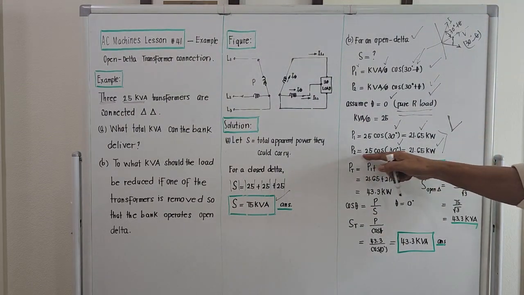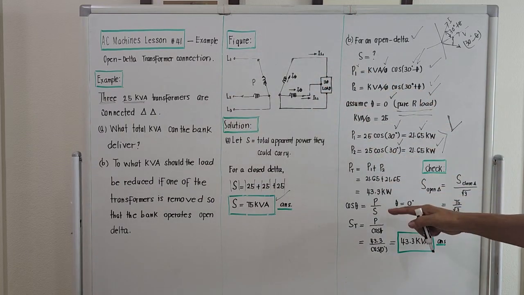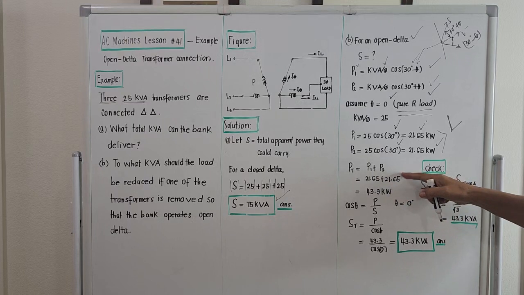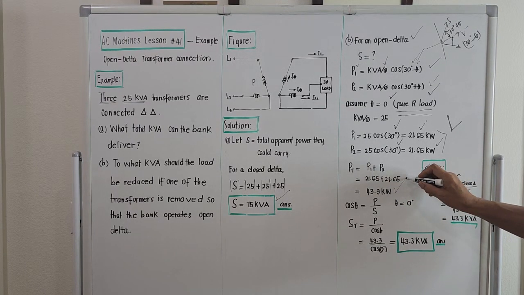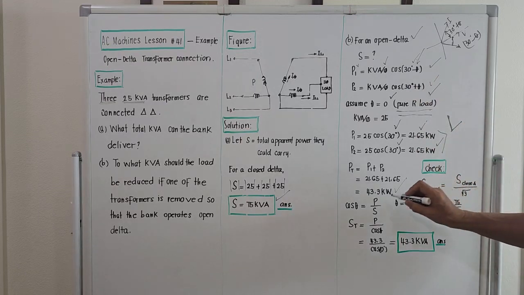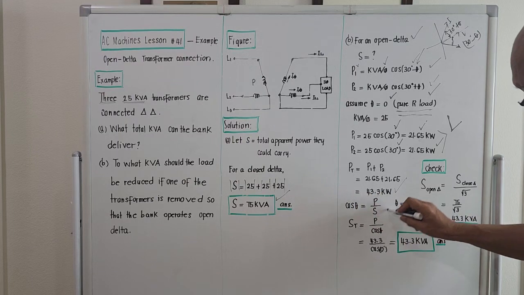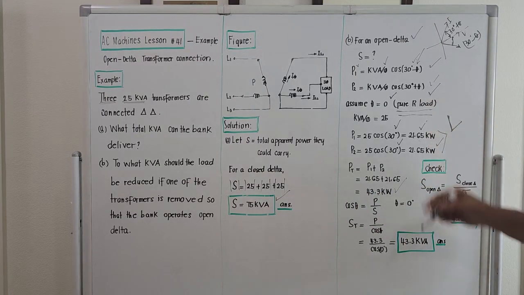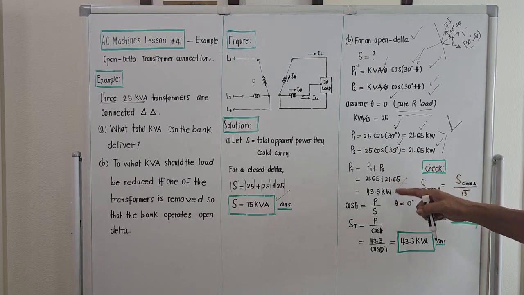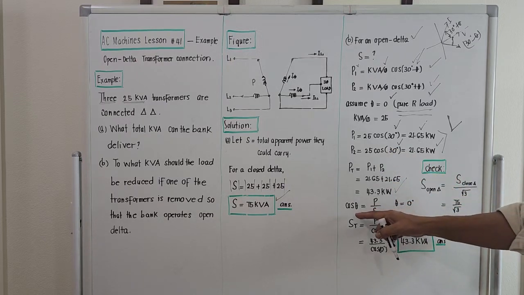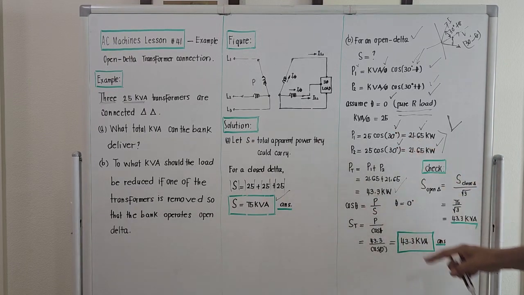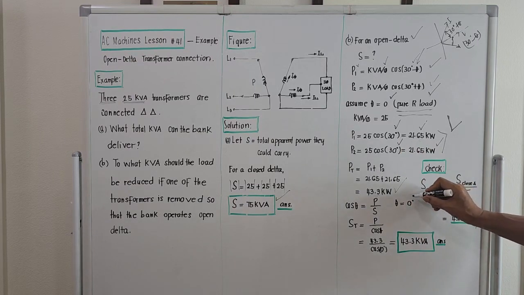So the total true power that could be delivered by the open delta will be P1 plus P2, 21.65 plus 21.65, that's 43.3 kilowatts. But the problem is asking for the total apparent power. So we'll go back to the formula. Power factor is cosine of theta, so we replace power factor by cosine of theta, it should be the ratio P over S. But for the given problem, the power factor angle is 0 degrees.